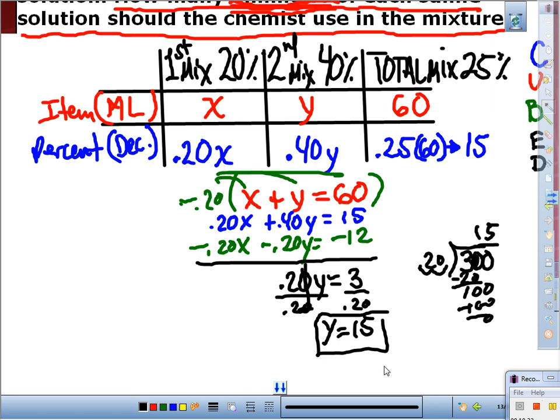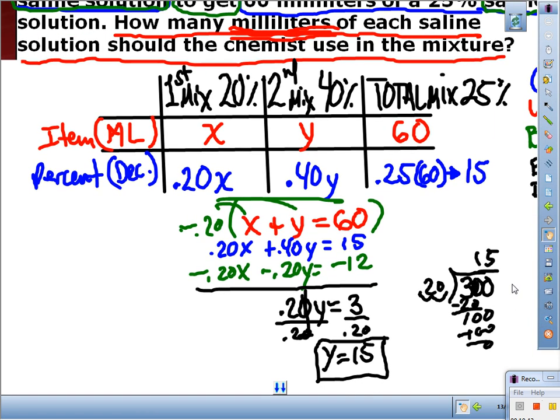All right, before we continue, y equals 15. Look at it. Don't say it out loud. What does that mean? 15 what? Just think about it. Talk it over with your neighbor. What is 15? What is that?